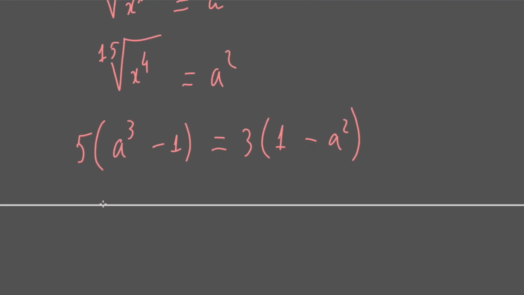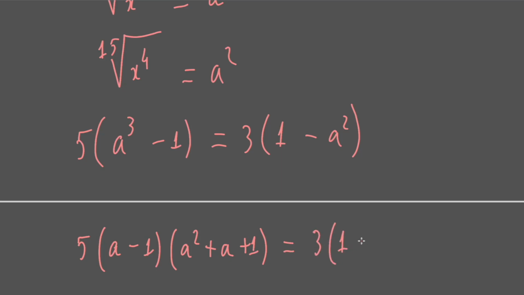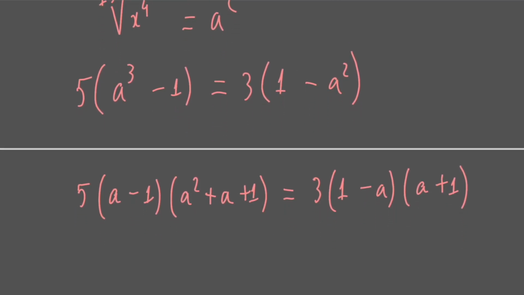This equation looks very easy because we can use the factorization method: 5 multiplied by a minus 1 multiplied by a squared plus a plus 1 equals 3 multiplied by 1 minus a multiplied by a plus 1. Then we group the two factors that are the same.